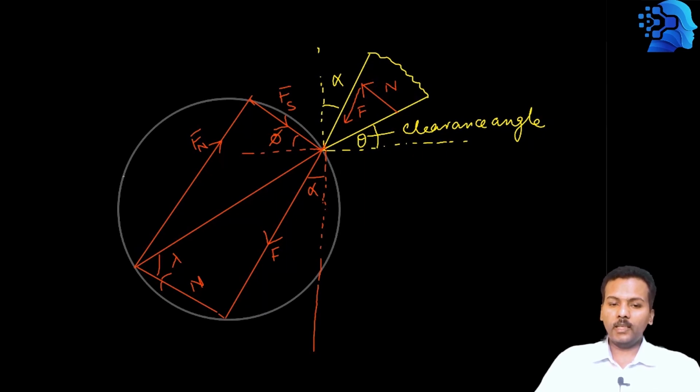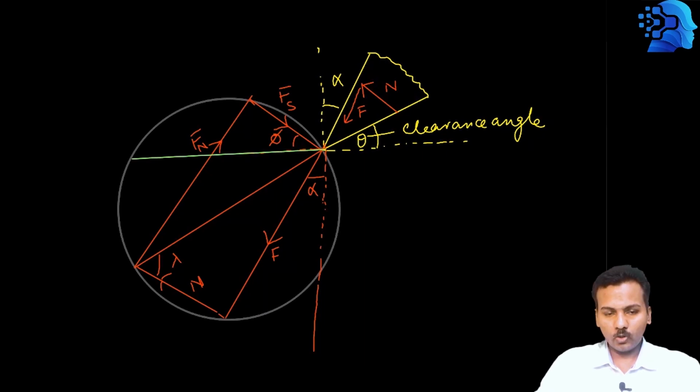Further, the Fc, that is the cutting force, is parallel to the direction of cutting velocity, and normal to this cutting force Fc is the thrust force Ft.